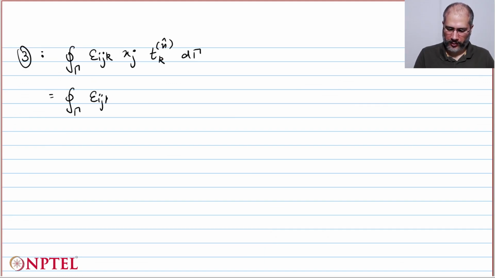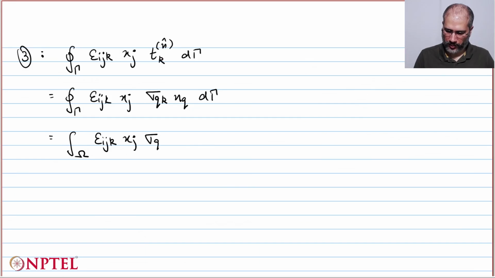So we can write the traction in terms of sigma qk nq d gamma. And then we apply the Gauss divergence theorem. This becomes an integral over volume epsilon ijk xj sigma qk whole, differentiated with respect to xq.